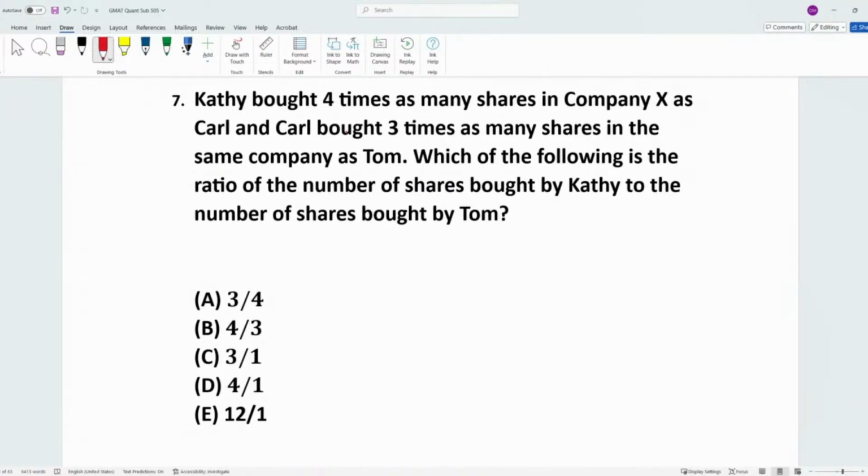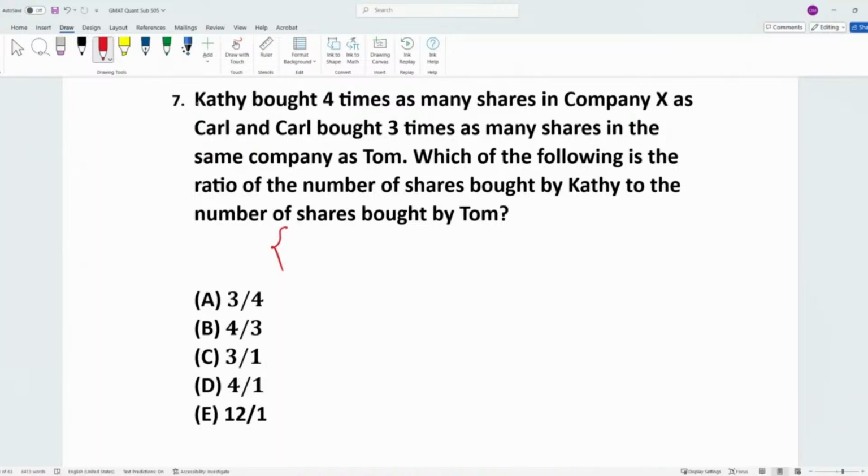Yes, so here it says Cathy bought 4 times as many shares in company X as Carl, and Carl bought 3 times as many shares in the same company as Tom. Which of the following is the ratio of the number of shares bought by Cathy to the number of shares bought by Tom? So what we can start here, put in our equation.